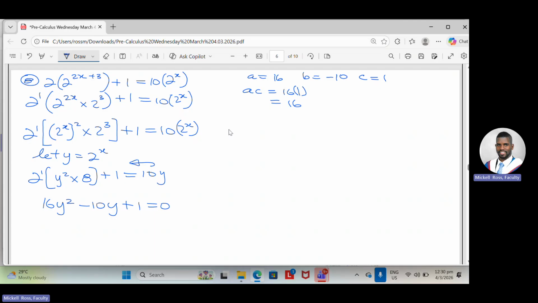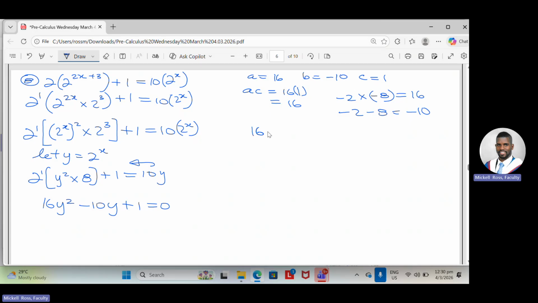Two numbers, when you multiply them, you get 16, but if you add them, you get negative 10. We just looked at that a while ago. So it's going to be negative 2 times negative 8, positive 16, but negative 2 minus 8 is equal to negative 10, right?